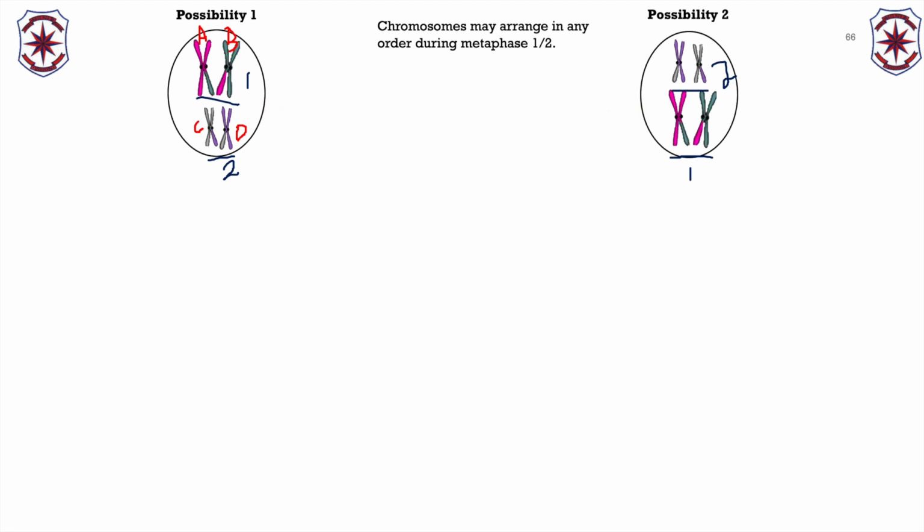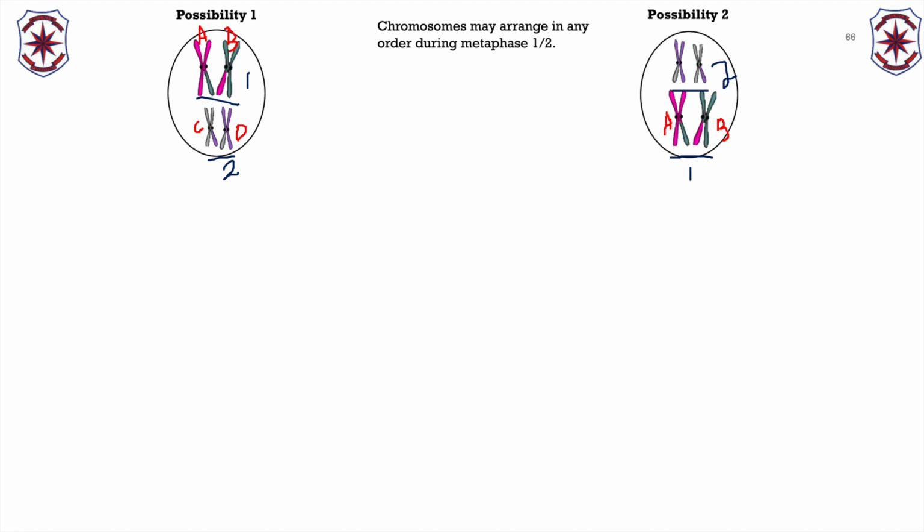And what else should we note? This is chromosome A. Look at where it is on the cell. And this is chromosome B. Okay?